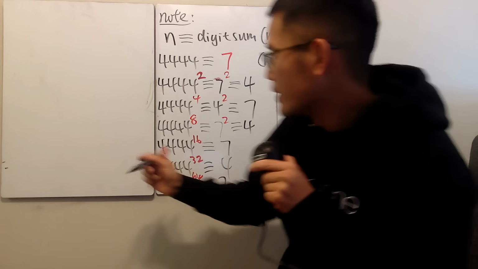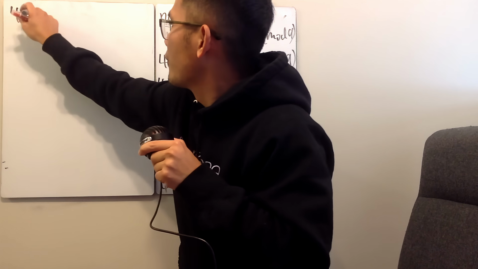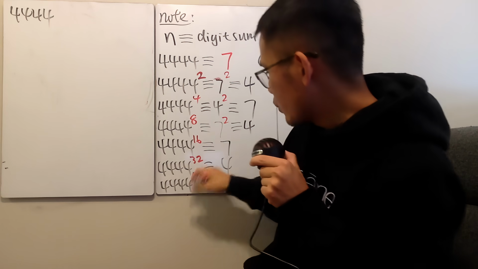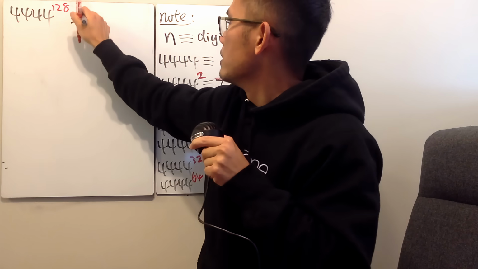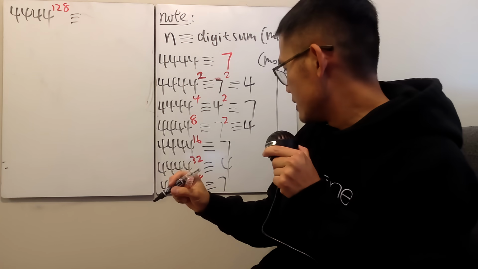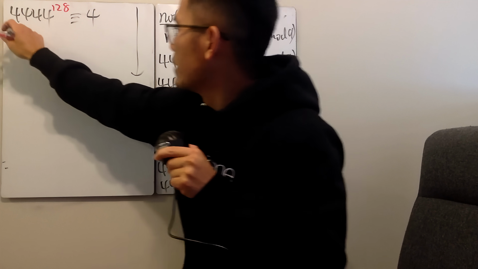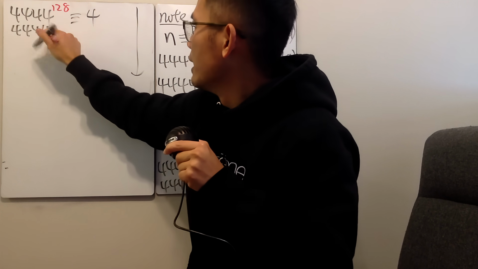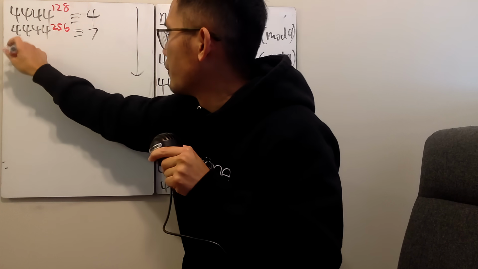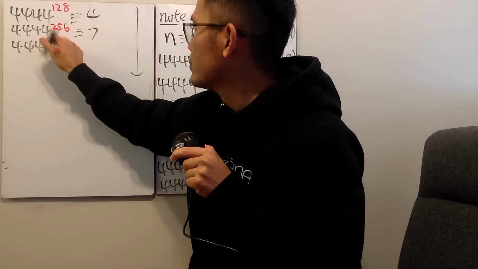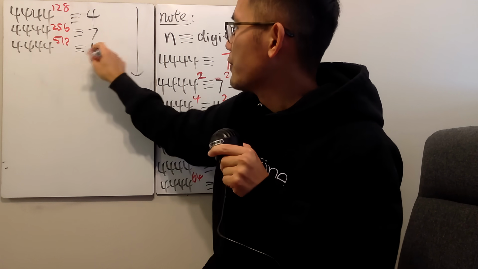All right, now this is going to be the rest. 4444^128, squaring the number, which is multiplied by 2, is going to be 4. And then again, mod 9 all the way. And then you have 4444^256, which is 7. And then 4444^512, and you get 4.